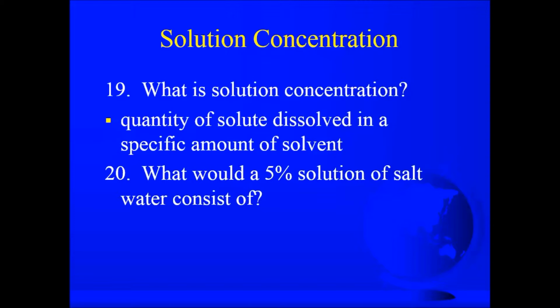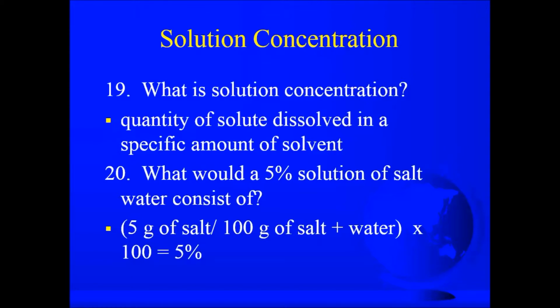Think about it. 5 grams. It should be not 100 grams of water, but the 100 should be the total. Not 100 grams of water, but 100 grams of salt and water together.